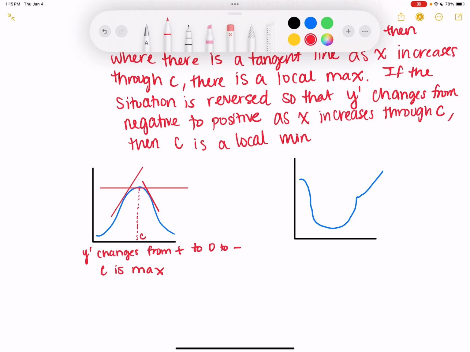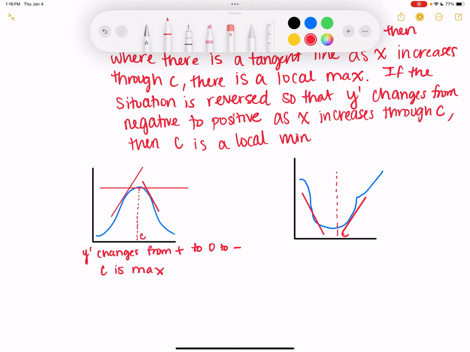For this one, let's see. That's going to be c again. We've got one there.